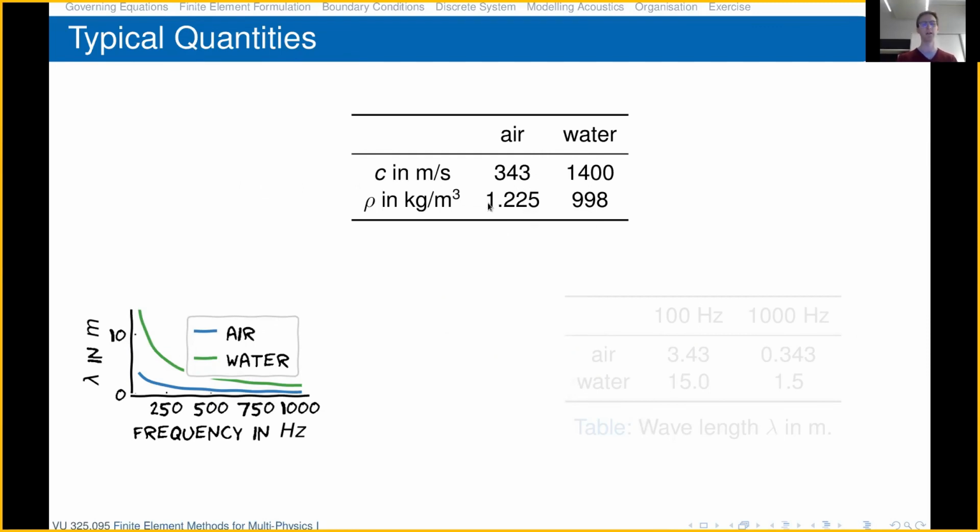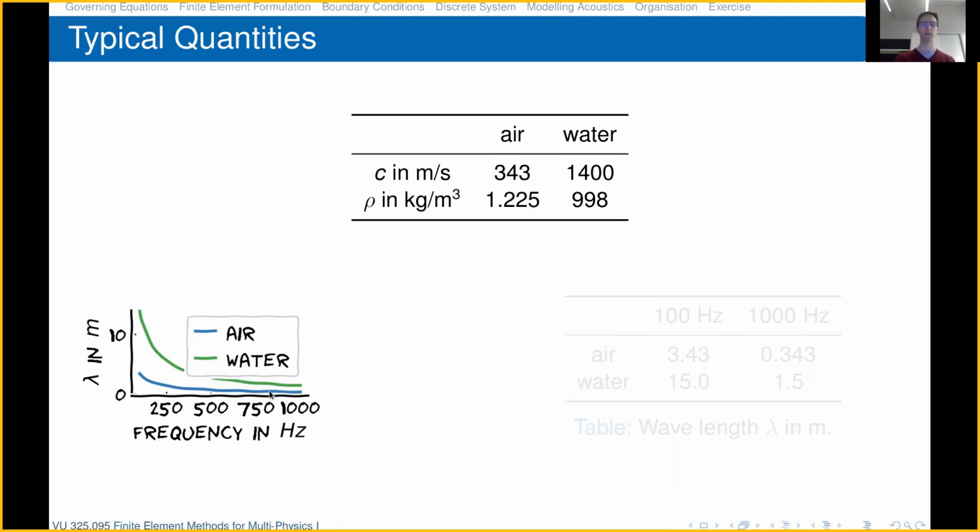Air has a density of about 1 and water of about 1,000, so 3 orders of magnitude larger. When we recall the relation of wavelength and frequency, we see the 1 over frequency behavior in the wavelength. It's the same for water and air, but of course the absolute values are different.